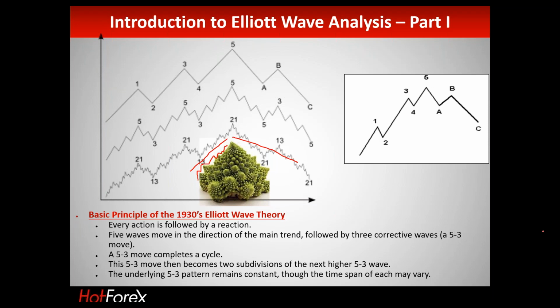So as I was saying, the financial markets have a fractal nature, so they repeat themselves, and that's why for every action the market itself creates an equal and opposite reaction. So this is a good interpretation.